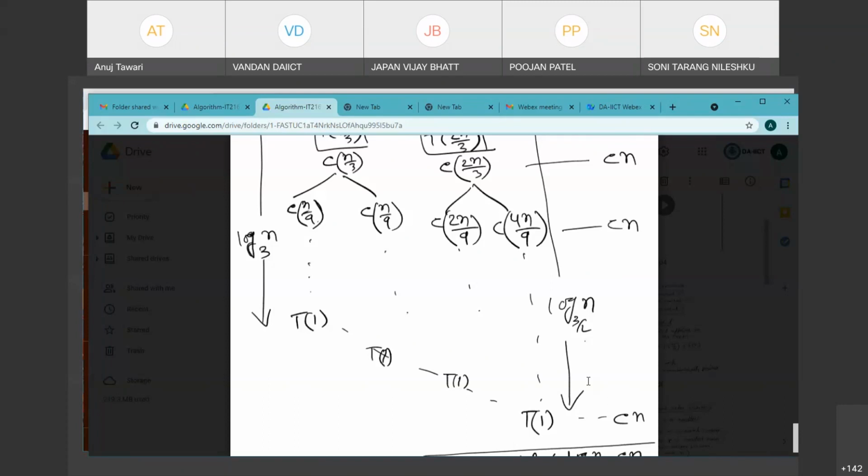So yeah, this will take some practice. Get used to it so that you can solve any recurrence.